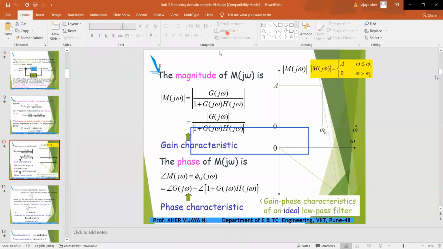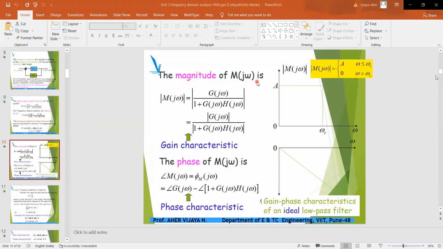You can write this equation: mod of M(jω) is equal to mod of numerator and mod of denominator, modulus. Mod of G(jω) divided by mod of 1 plus G(jω)H(jω), right? Simplify, you will get the magnitude of M(jω) in frequency domain analysis.